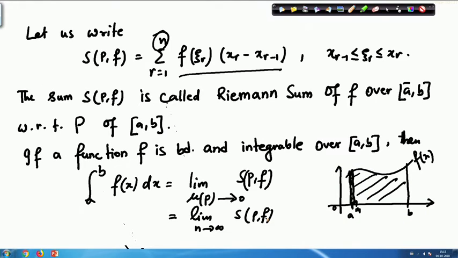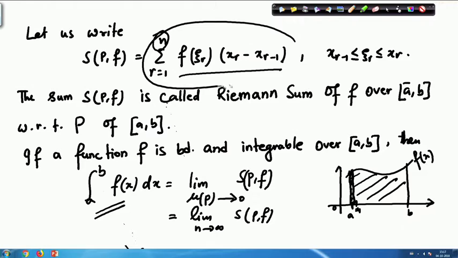And that is what we mean by the integral on the right hand side. So, if you make n go to infinity in this Riemann sum, then that will give you the definite integral of the function f between the points a and b. And this is the vital point which we wanted to make, how the Riemann sum is related to the definite integral.